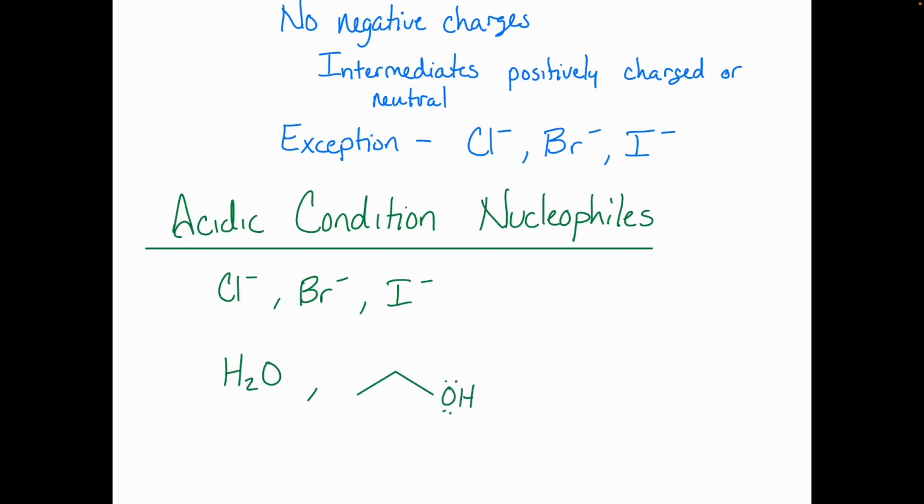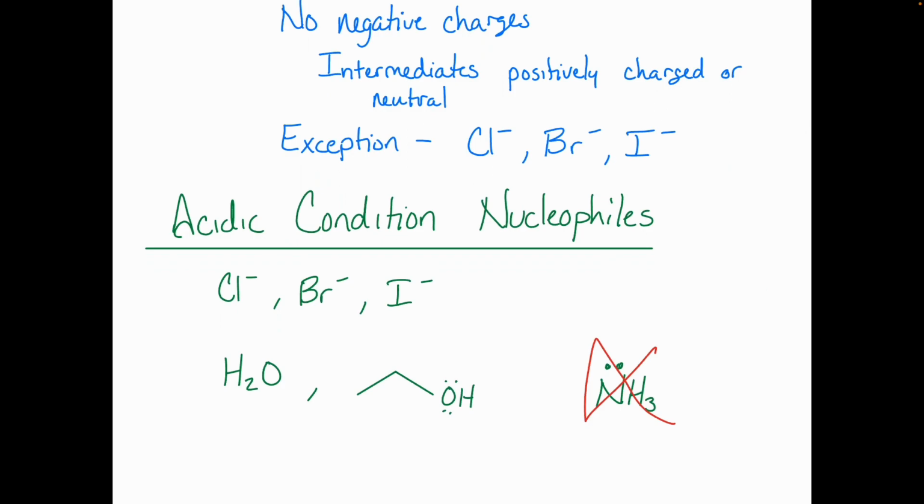All right, so these are going to be most of your neutral nucleophiles which can exist under acidic conditions. An important note, just because we're on this trend here, ammonium cannot be an acidic condition nucleophile. It's too good of a base, right? So aside from your halogens, oxygen's the atom you're going to see playing the role of a nucleophile under acidic conditions, okay?